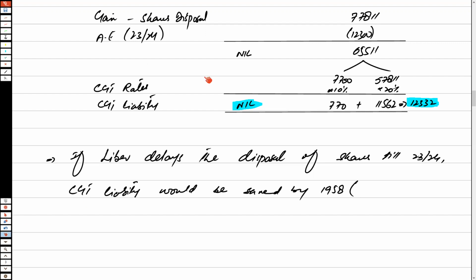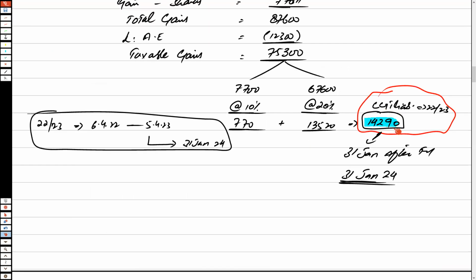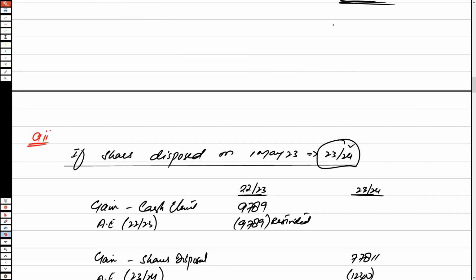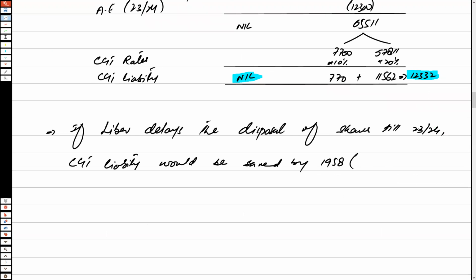How did we calculate this amount? Consider the existing 14290 CGT liability and the proposed delay in the disposal. In that situation, only an amount of 12332 is a liability. So basically, by delaying the disposal of shares, effectively the capital gain tax liability is saved by 1958.